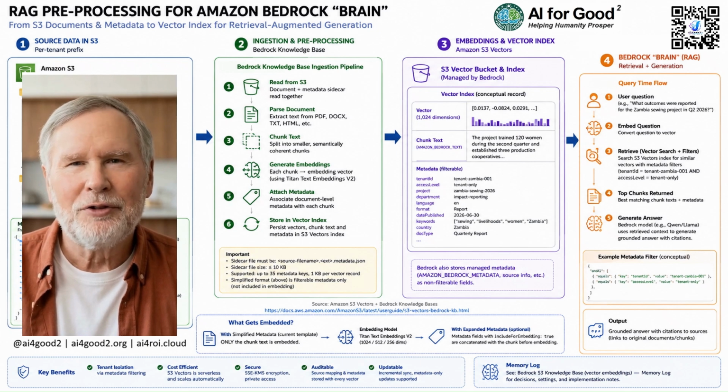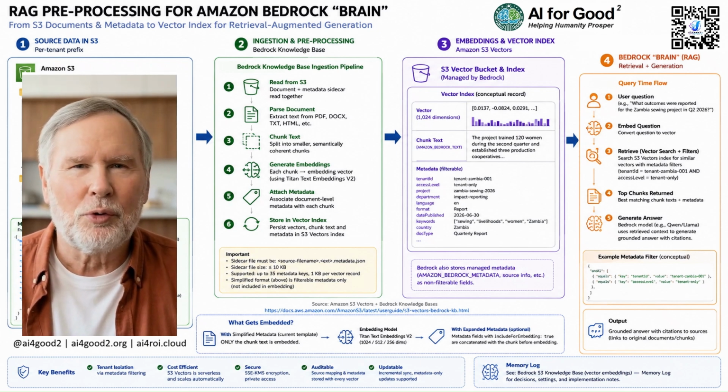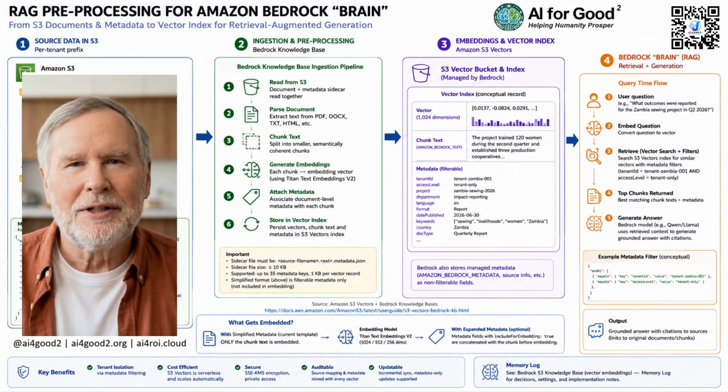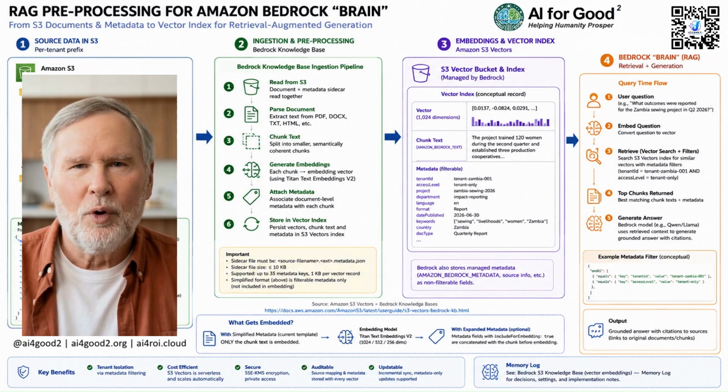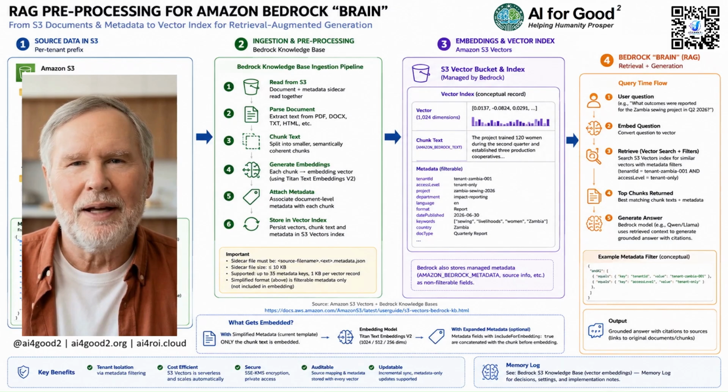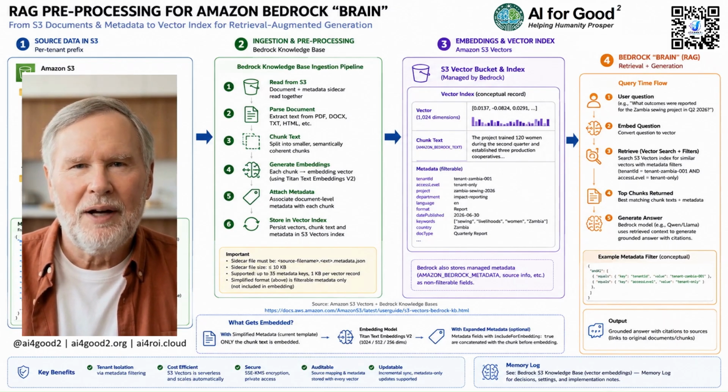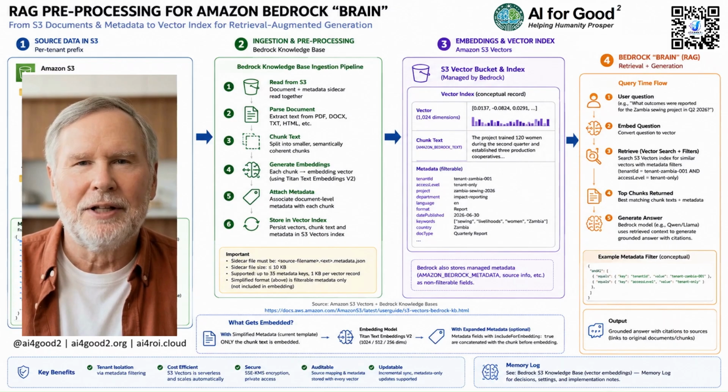In the center left of the diagram, Section 2, Ingestion and Pre-Processing, details the Bedrock Knowledge Base ingestion pipeline. This stage performs 6 precise steps to prepare the data. 1. The system reads the document and its metadata sidecar file together. 2. It parses the document, extracting clean text from PDFs, docx files, HTML, or plain text. 3.